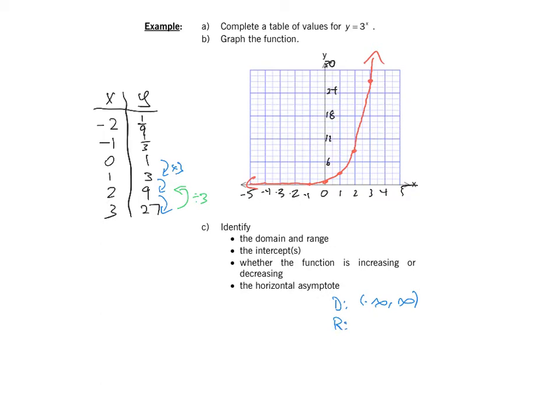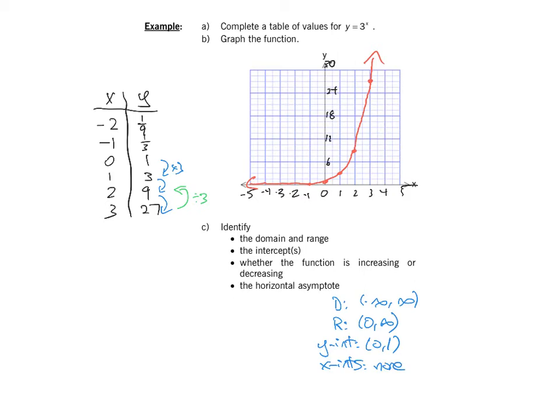The range also is going to be 0 to infinity. 0 is not included, so we use a round bracket. What about the intercepts? Well, there's no x-intercepts, but there is a y-intercept at 0, 1. X-intercepts, none. Make sure to specify that.